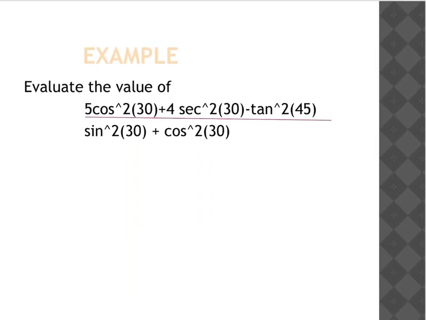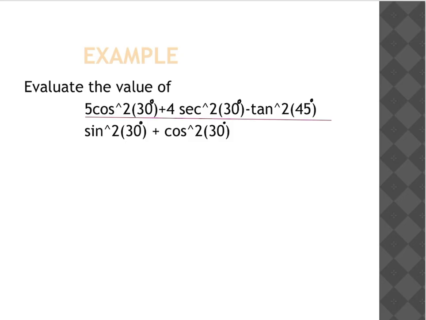One more example: evaluate the value of 5 cos square 30 degrees plus 4 secant square 30 degrees minus tan square 45 degrees, upon sine square 30 degrees plus cos square 30 degrees.